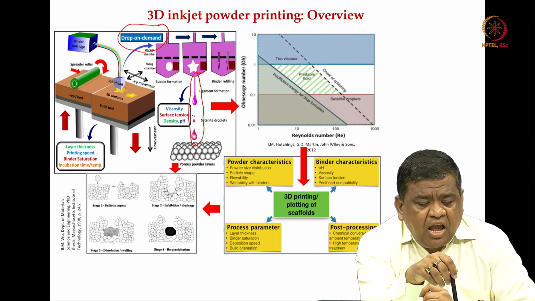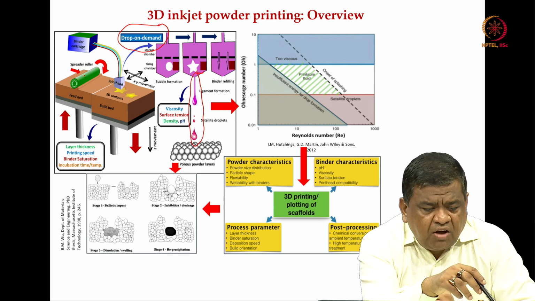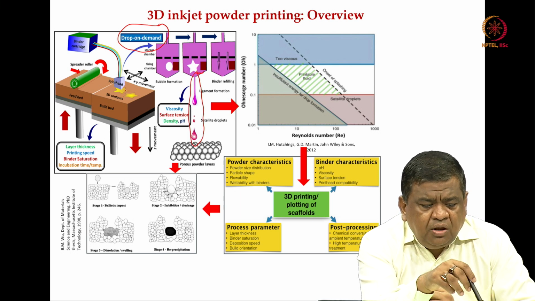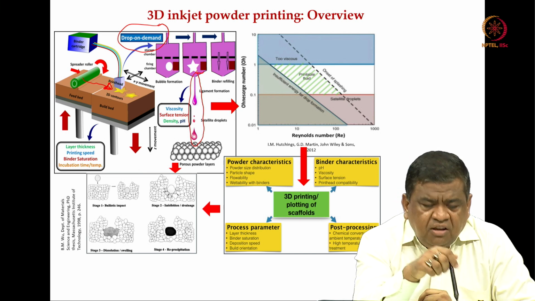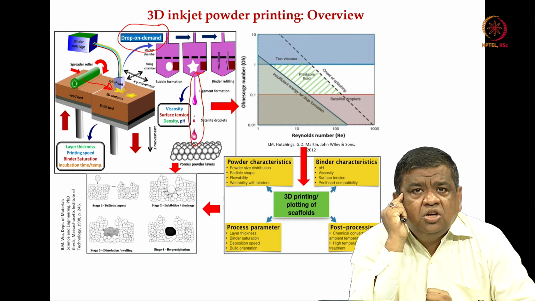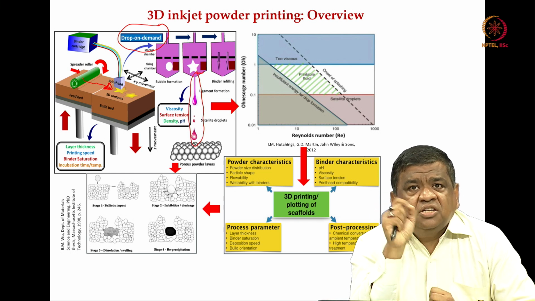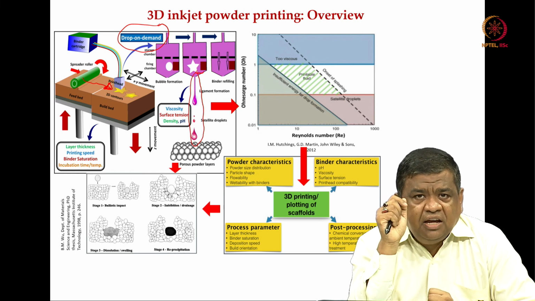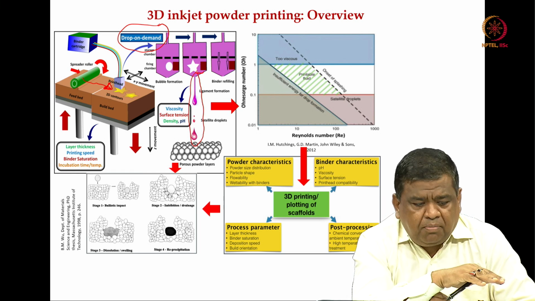According to the instructions in the design file, each layer of powder is displaced from the feed bed to the build bed, and the binder impact and infiltration are synchronized with the layer displacement from the feed bed to the powder bed.